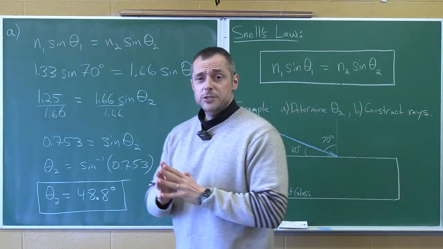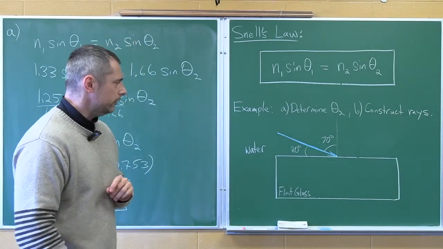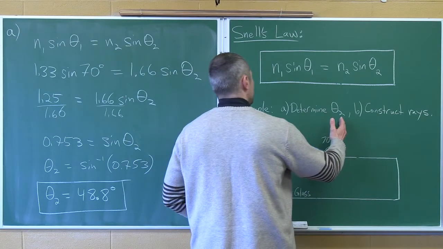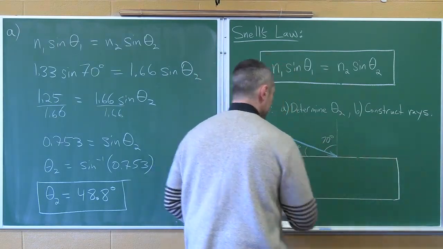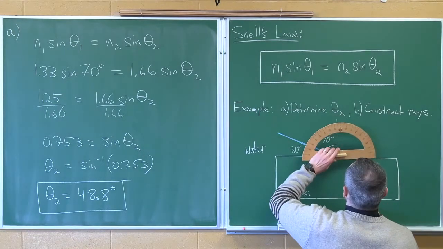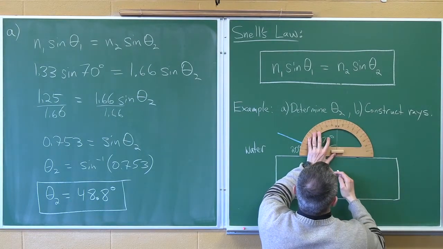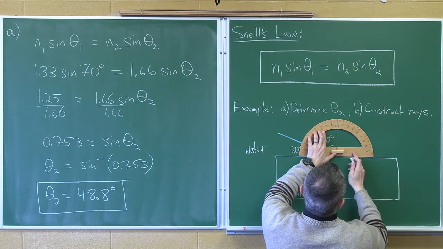As I said, on the Regents you have to be able to draw these rays correctly to the proper angle. So let's start with the reflected ray. What we have to do is measure, this was 70, so the reflected has to be 70. That's the law of reflection. So remember I said, my protractor has numbers on it. I haven't gotten around to scratching them off, but yours, the paper ones, hopefully don't have numbers. You're using the ones I had you print out.